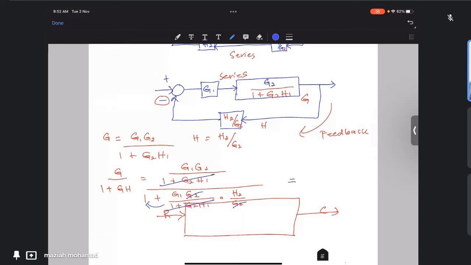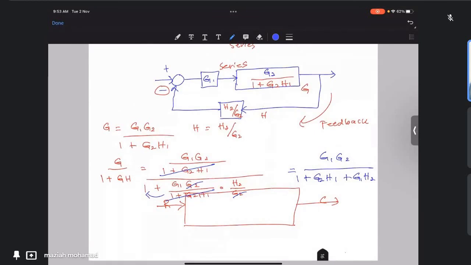So it will leave us with G1 G2 over 1 plus G2 H1 plus G1 H2. So that will be our final transfer function: G1 G2 over 1 plus G2 H1 plus G1 H2.